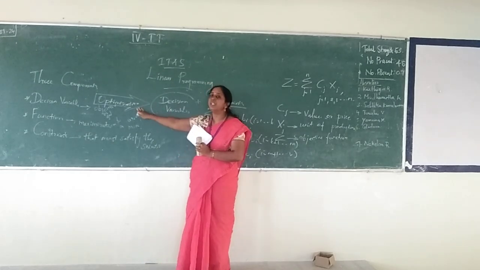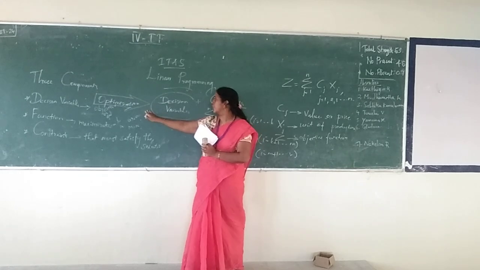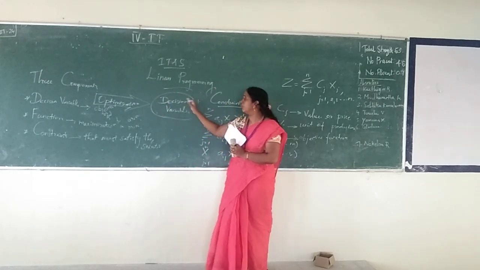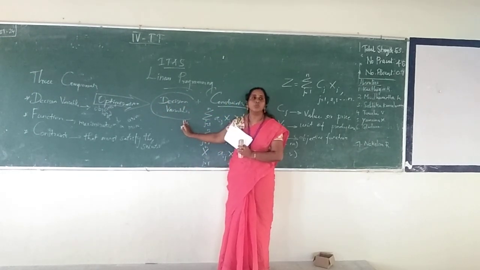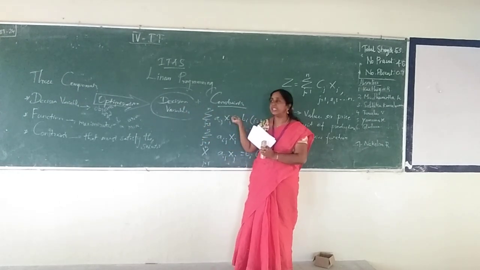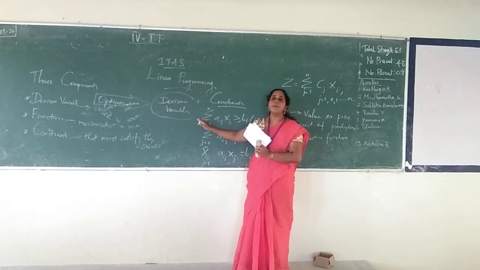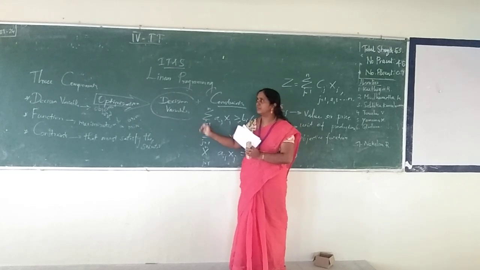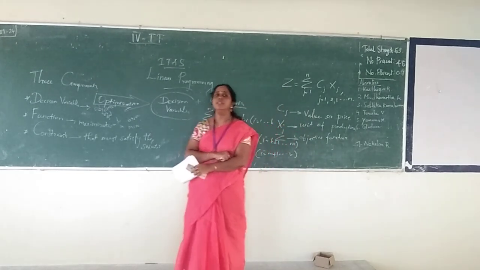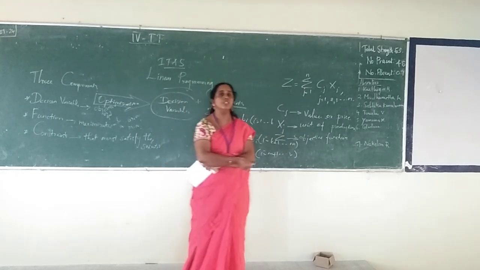The resources can be optimized in order to achieve the highest production, and it uses some decision variables also to achieve high return. Decision variables as well as some constraints can be used in a linear function. So the linear equation will have three components: decision variable, function, as well as constraints.